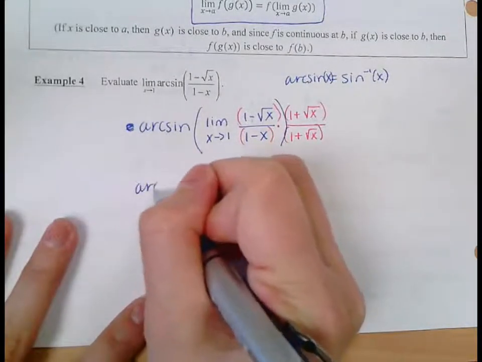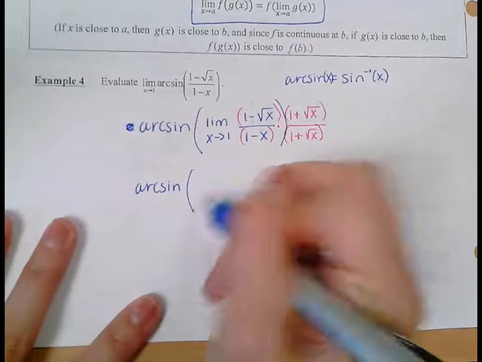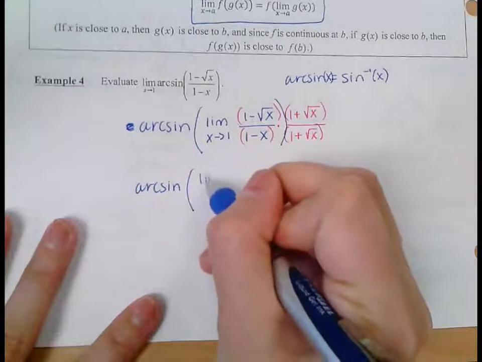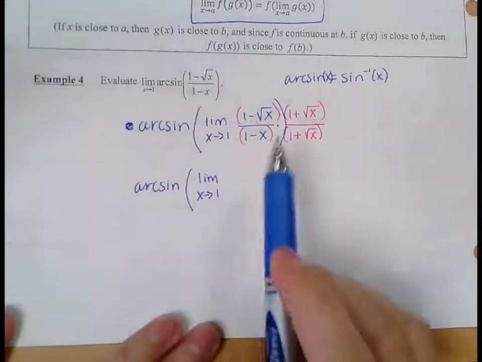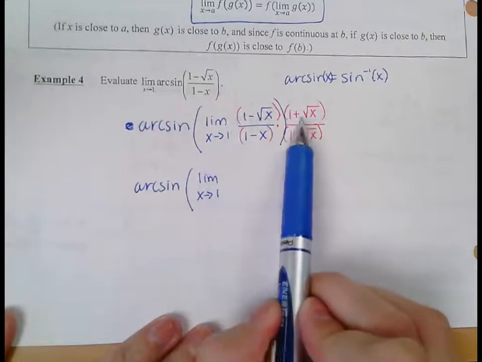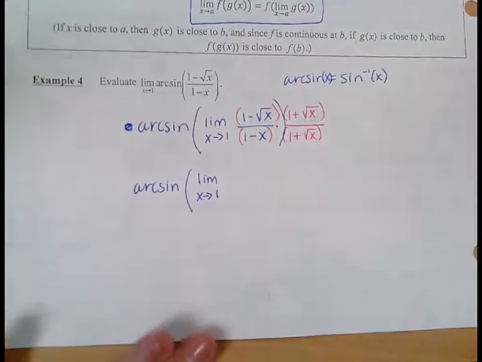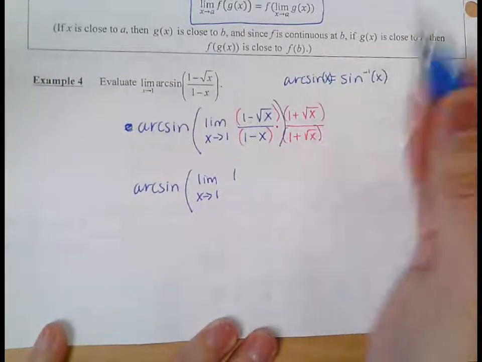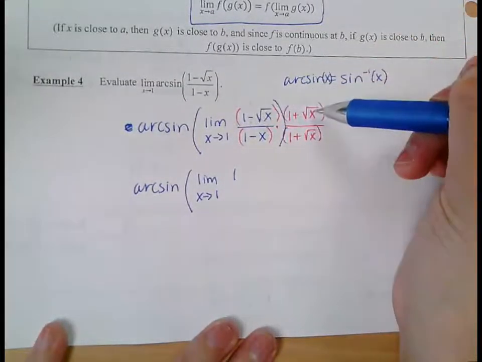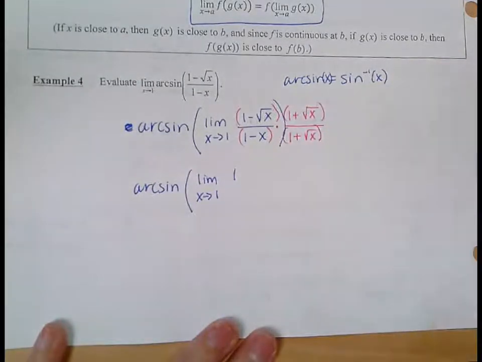So I still have arc sine of, I still have the limit as x approaches 1. I haven't taken a limit yet. And I would need to FOIL along the top. However, with conjugates, the two middle terms always cancel. So I have 1 times 1, that's 1. And then when I multiply 1 times positive root x and negative root x times 1, they cancel.